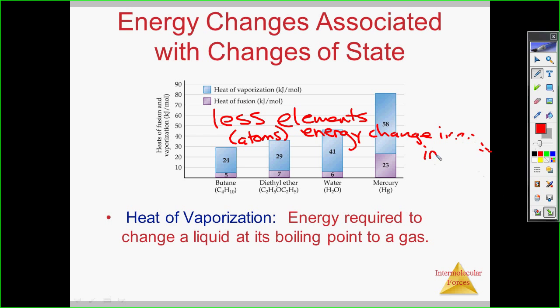Very good. Why? Because the bonds are stronger. But why do you think? We have less elements.